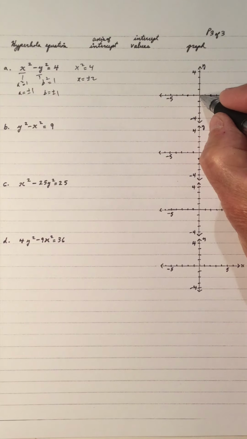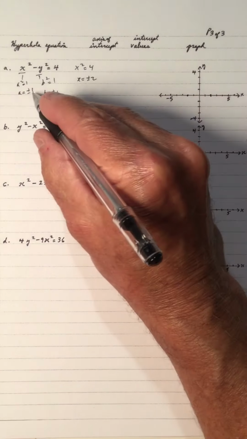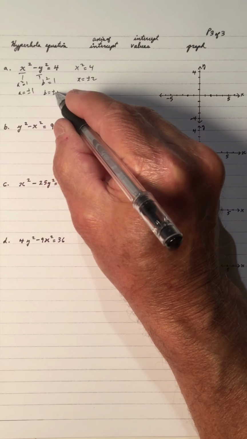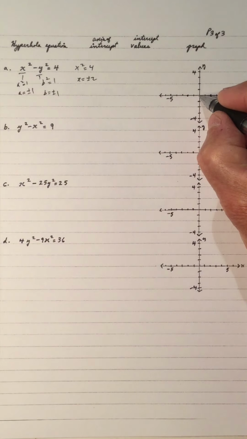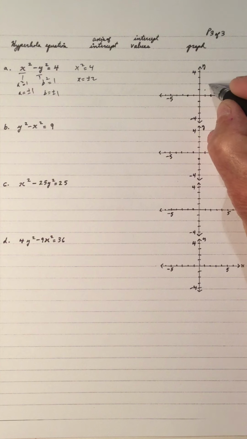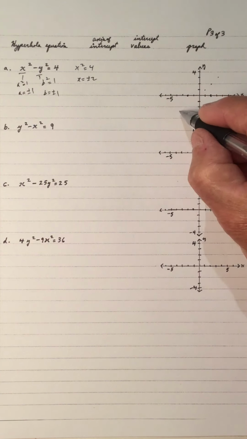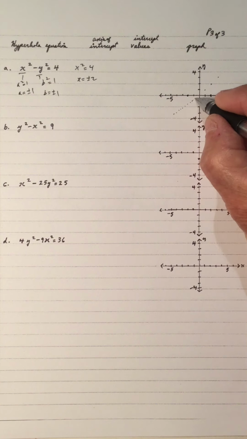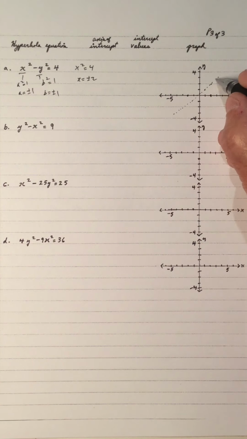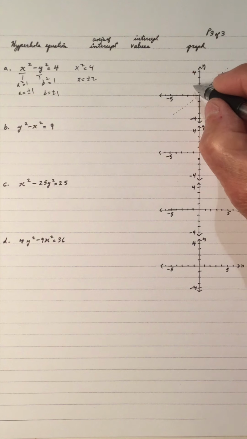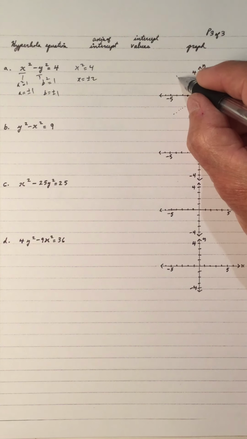And we have a stretch of 1, a vertical stretch of 1, so up 1, right 1, up 1, right 1, up 1, etc. So there's the asymptote that moves through here because it's 1 over 1. And there's the other asymptote that moves through here.